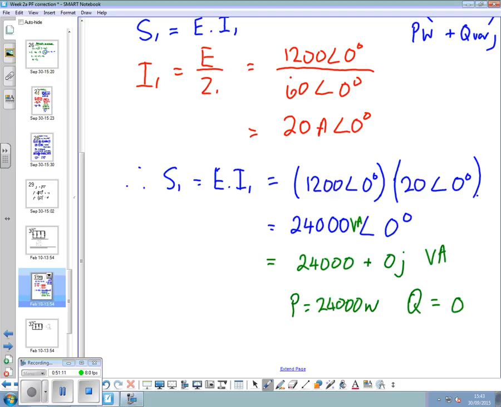So for a pure resistor, S and P are equal to each other. Okay with that so far?